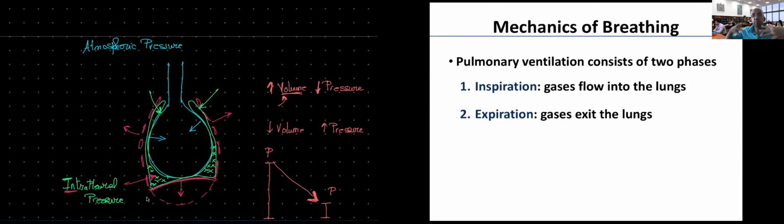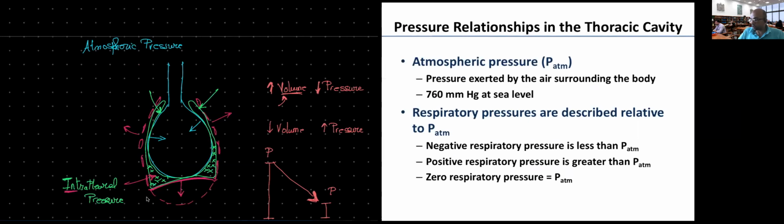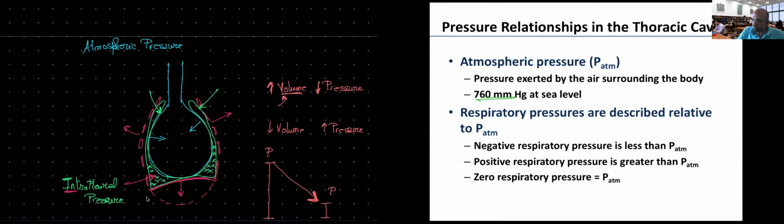It is the pressure of the atmosphere, the pressure of gases surrounding you from whatever surface all the way until you reach space. All this is considered your atmospheric pressure. Atmospheric pressure is 760 millimeter mercury, but we're going to consider 760 millimeter mercury as our zero pressure.